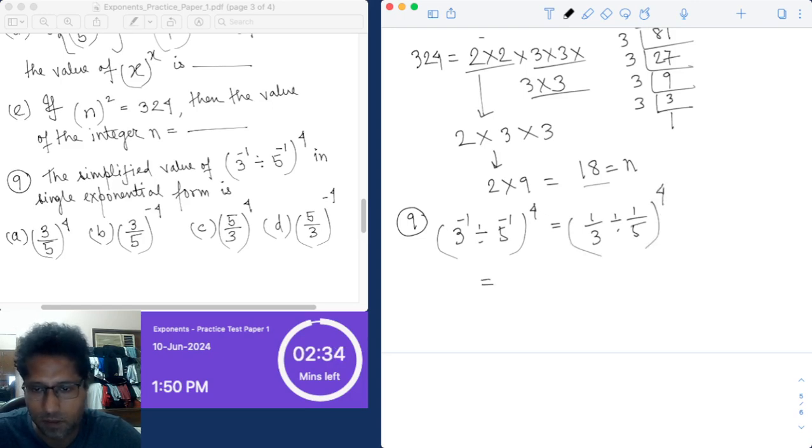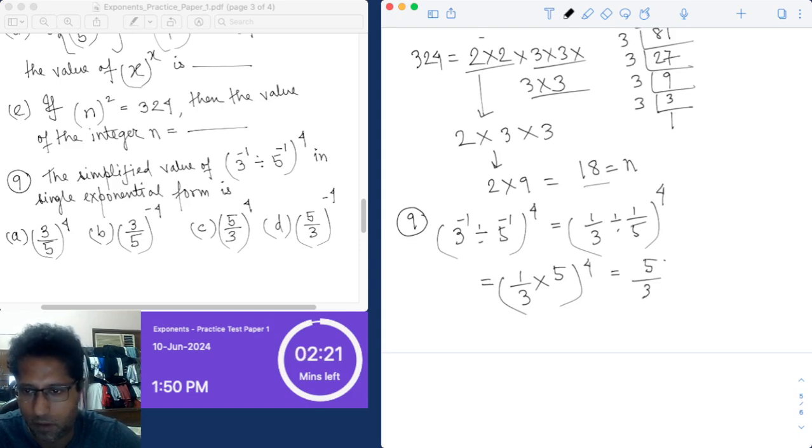So this is 1 by 3 multiplied by the reciprocal of 1 by 5, that is 5, whole to the power 4. This is (5 by 3) whole to the power 4. So the answer is choice C.